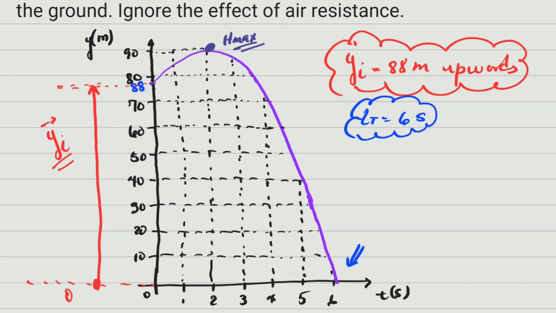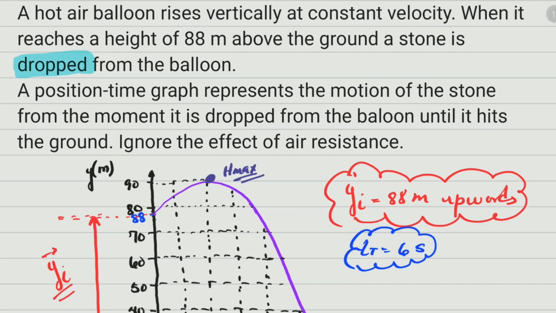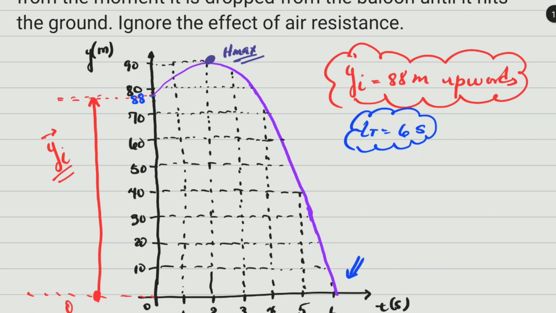And we're going to speak quickly here. The stone was dropped from a certain height. Now, if the stone is dropped, why, when you look at the graph, does it move a little bit up instead of just moving down? Well, there is something called inertia.